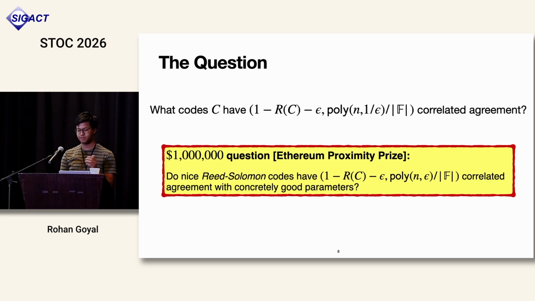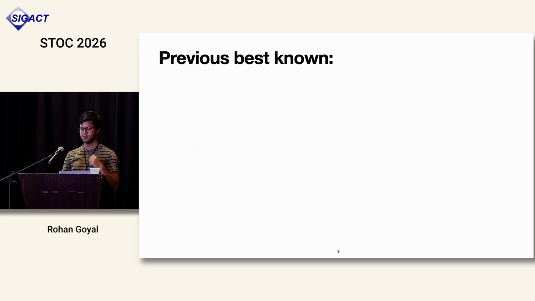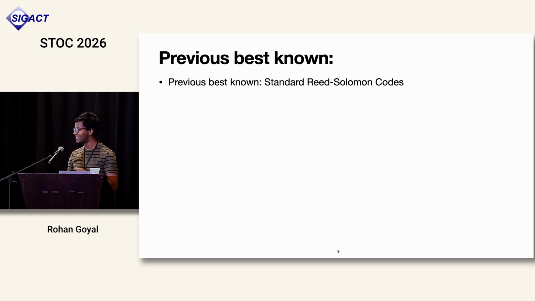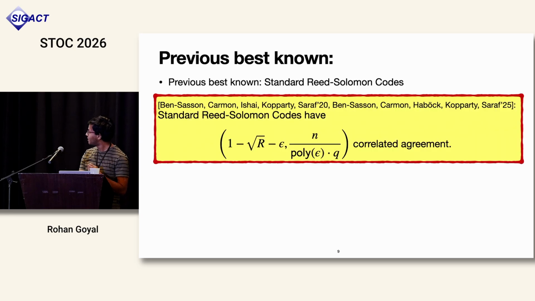Good. So what is the previous best known? It's from the previous talk. Up to 1 minus square root of r, this is the Johnson bound mentioned in the previous talk, we do have correlated agreement and proximity gaps for standard Reed-Solomon codes. And this was the best known for any family of codes before our work.